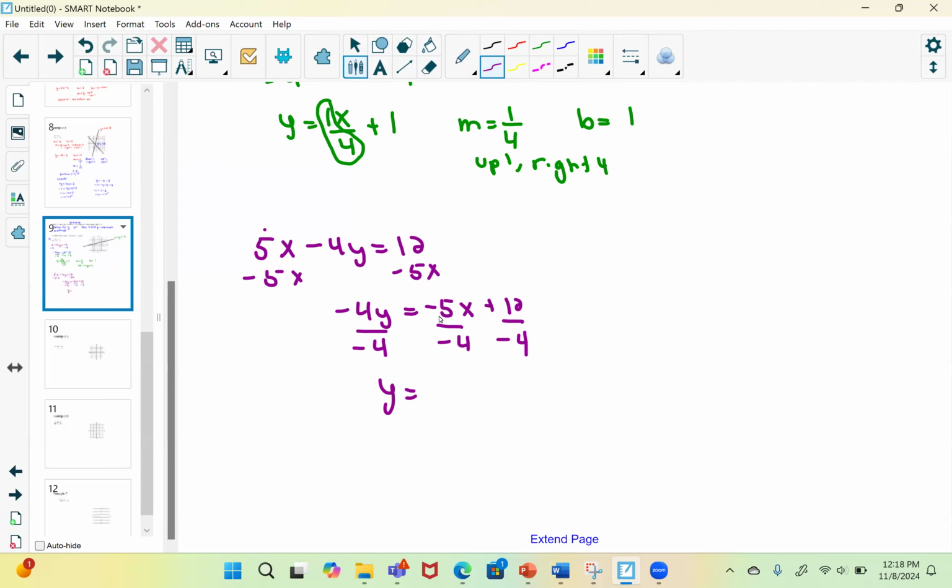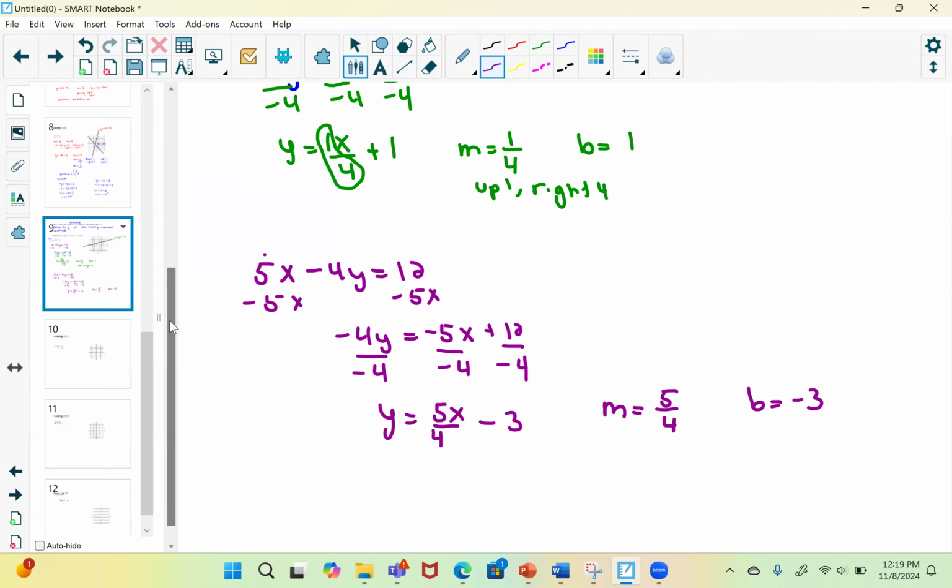Y equals, okay, again, I have a negative over negative. Otherwise, it doesn't simplify. So I'm going to make it 5x over 4. 12 divided by -4 is -3. Okay, my m is 5 over 4, and my b is -3. So this is my slope, this is my y-intercept.